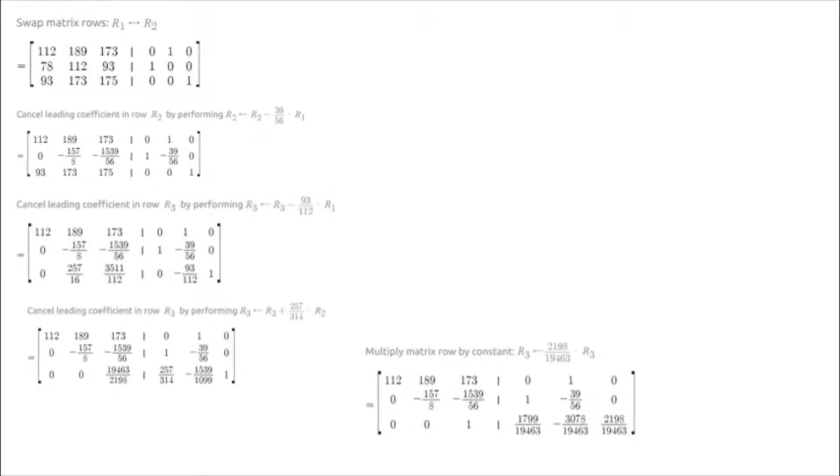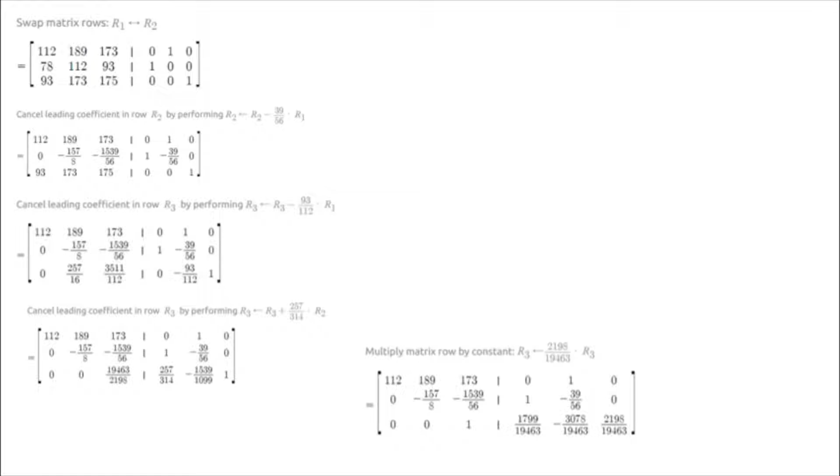Okay, swap matrix row R1 to R2, and then we cancel the leading coefficient in row R2 by performing R2 minus 39 over 59 times R1. Cancel the leading coefficient in row R3 by performing R3 minus 93 over 112 times R1.